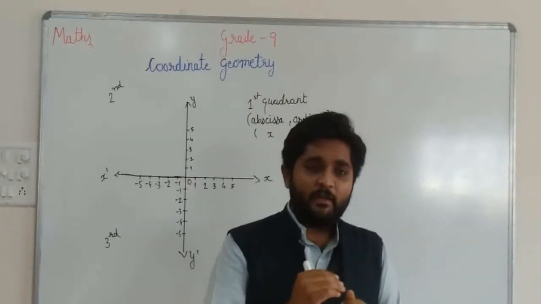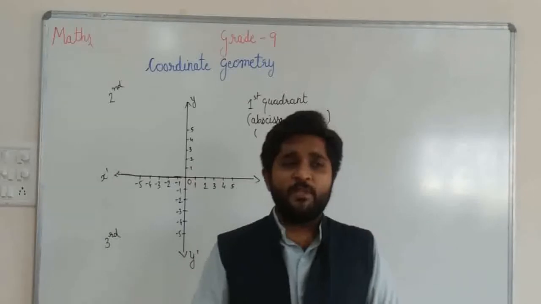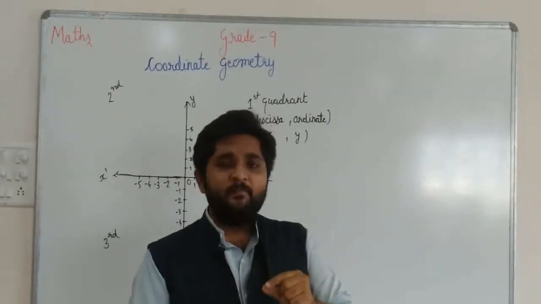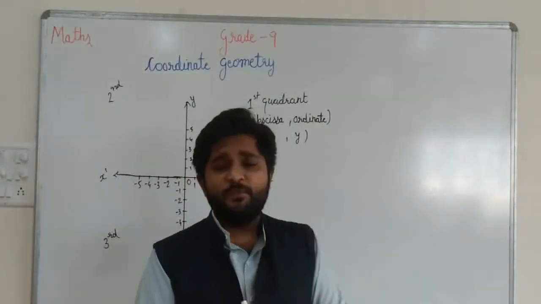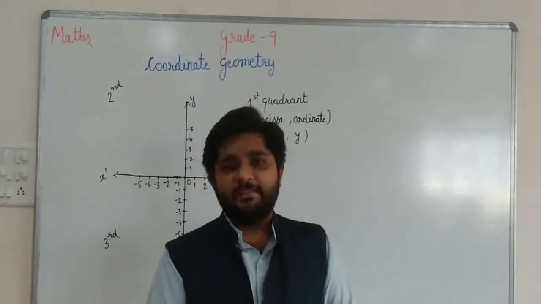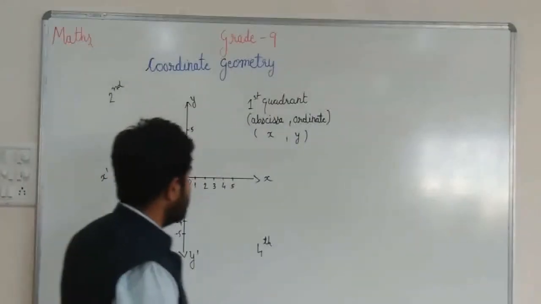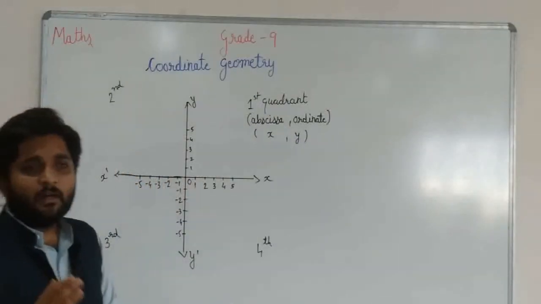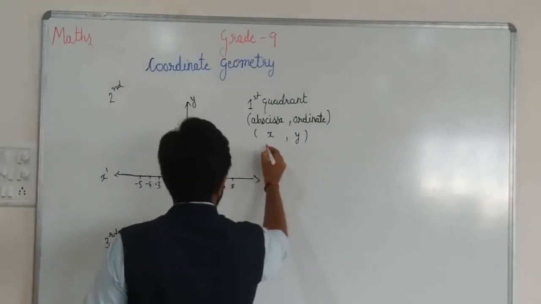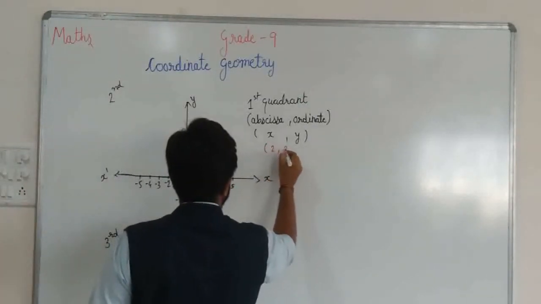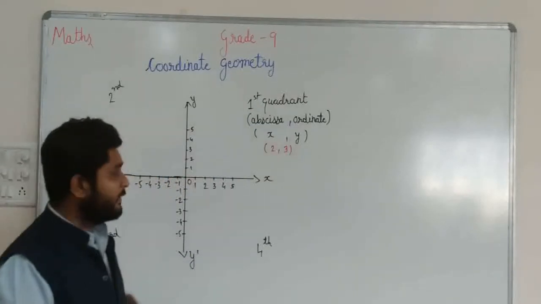So the x position of the given object with reference to the x axis and the position of the given object with reference to the y axis. Okay, so if we want to represent that the object is on the position of 2, 3, how can we find it?